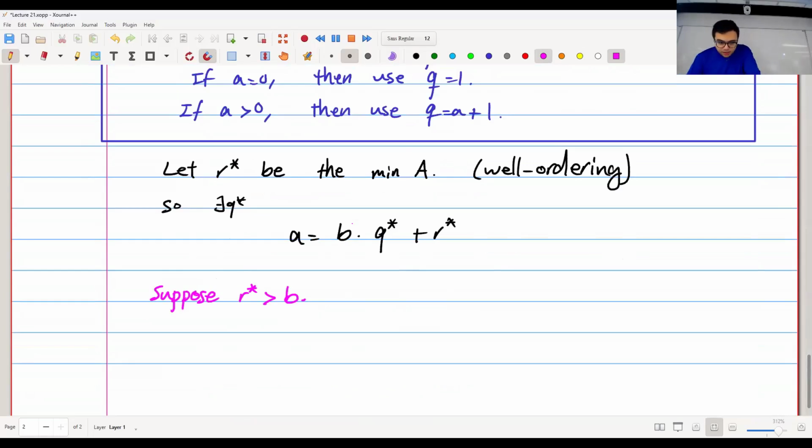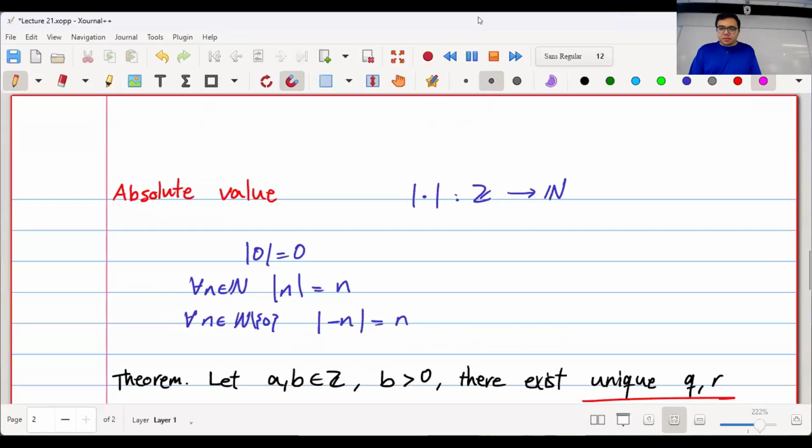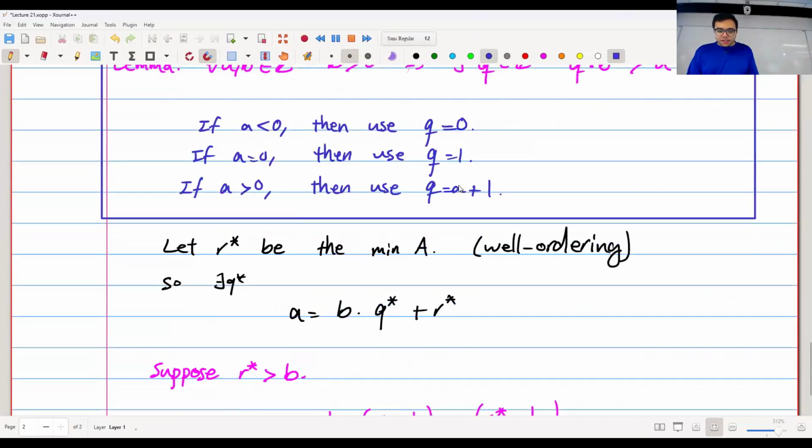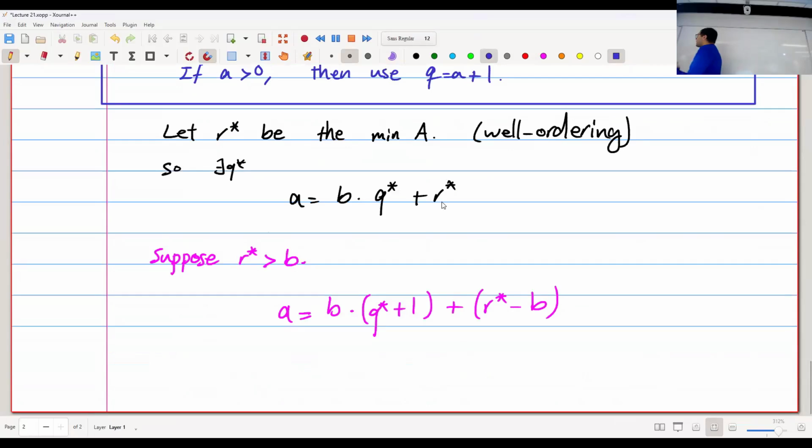Minus B. Yes. So I can say, well, A is also B times Q star plus 1, plus R star minus B. So this means that this R star minus B is also in the set A. But R star was supposed to be the smallest element in the set A. So this is a contradiction. Basically, what I'm saying is consider all the possible non-negative remainders, and take the smallest one.